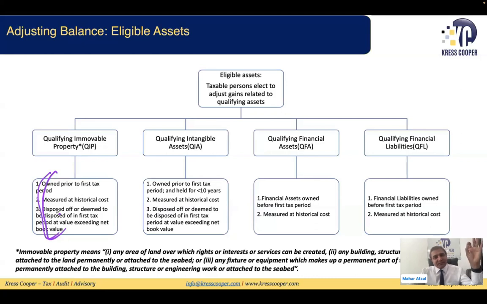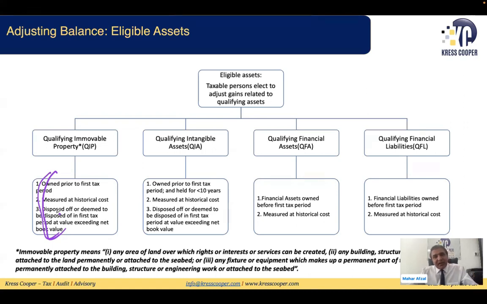So we can say any immovable property, any intangible assets, any financial assets, any financial liabilities that meets the respective conditions will be considered qualifying immovable property, qualifying intangible assets, qualifying financial assets, and qualifying financial liability. So on overall basis, for discussion purposes, we can say these are our qualifying assets.